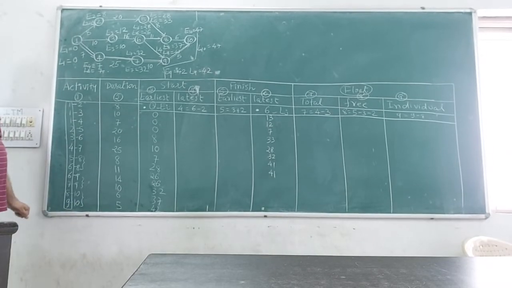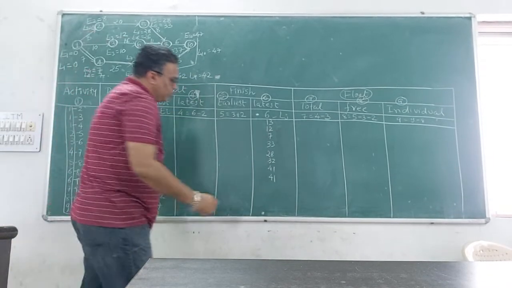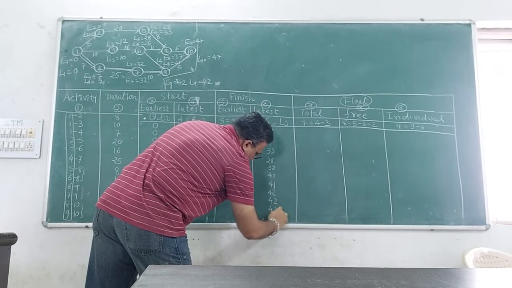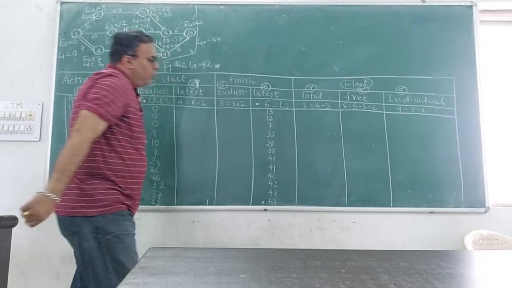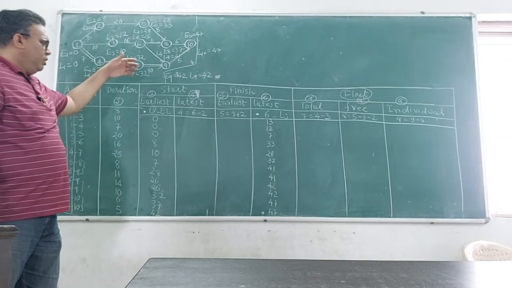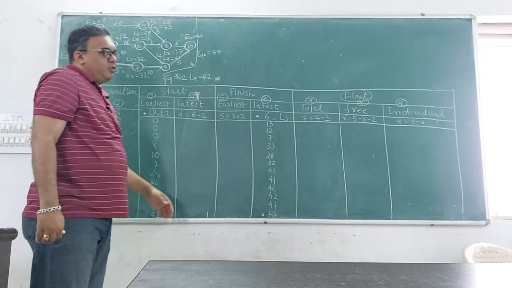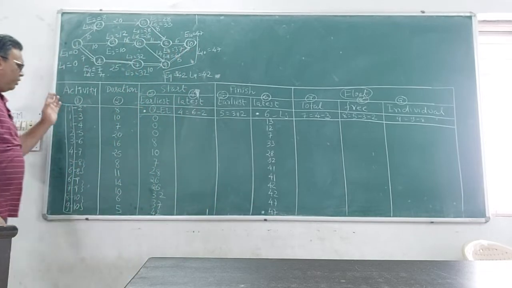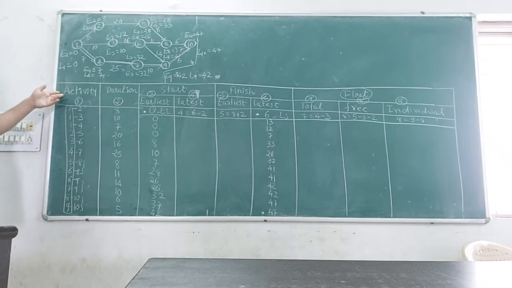So what is the value of L9? 42. So 42 two times and then 47. Okay, so this is the way we have to fill up the earliest column, column number 3, and column number 6, with the help of the first column, that is the activity between the two nodes.